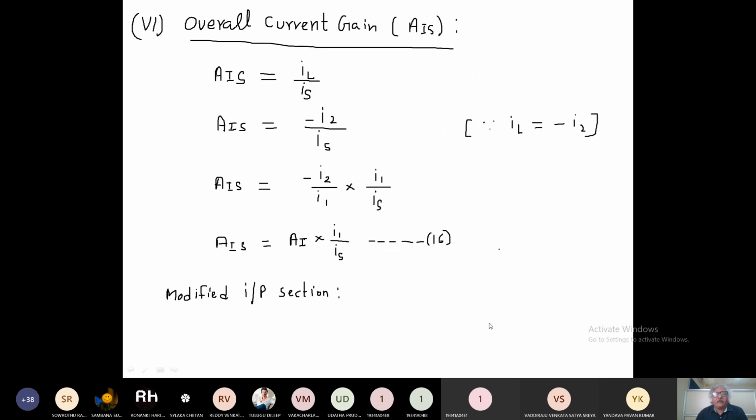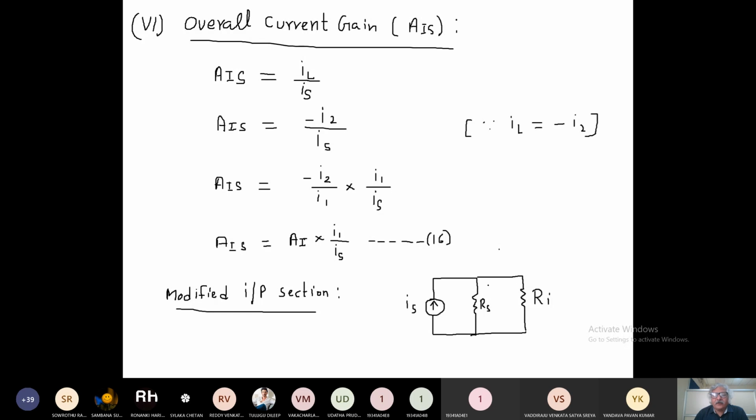So the modified input section will be: we have this current source, we have the resistance of this source, and after this, the internal resistance of your two-port network, this is Ri.